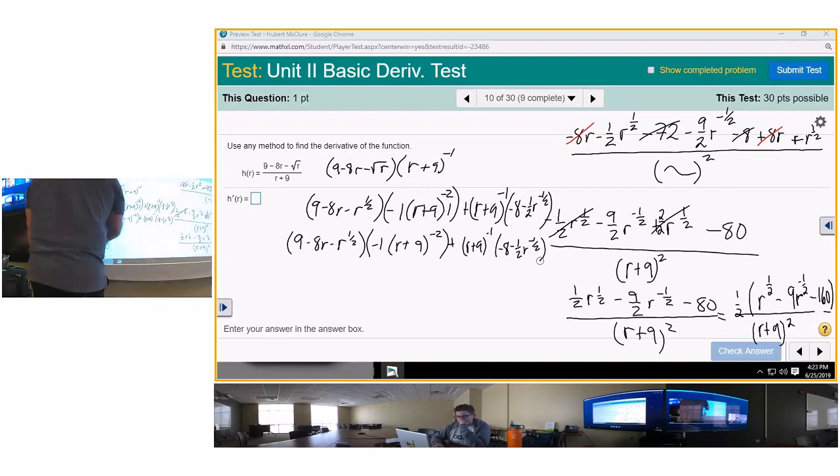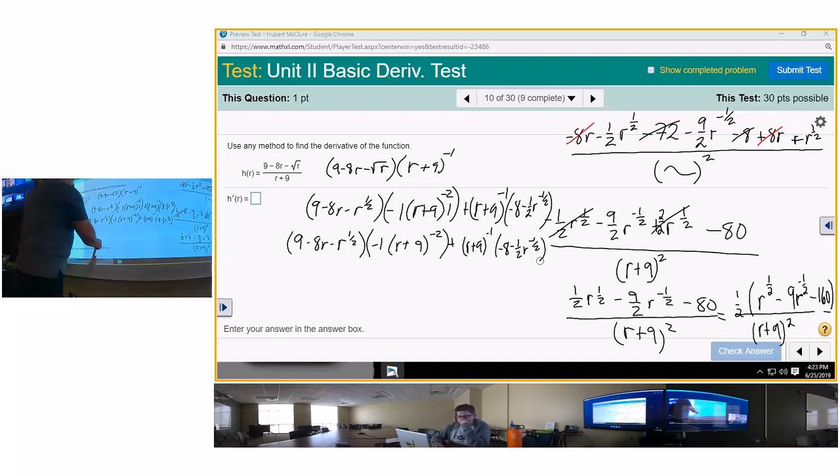I'm going to bring this down, and that's going to be r plus 9 to the second power. And if you distribute that negative throughout here, you're going to get what? Negative 9 plus 8r minus r to the 1/2, or plus, right? Plus.